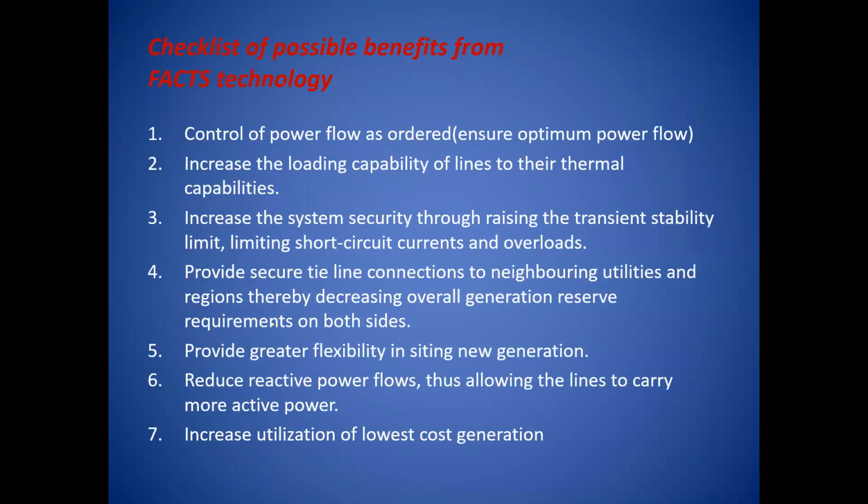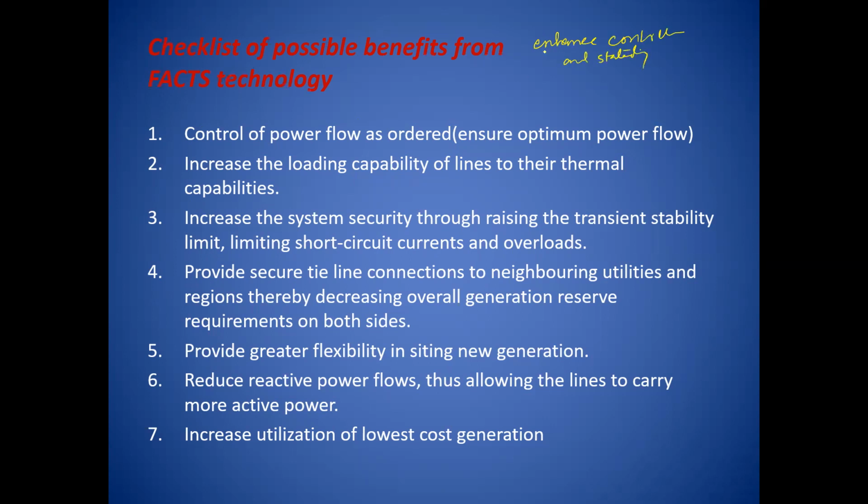Okay. Now, this is the checklist of the possible benefits from the FACTS controller or FACTS technology. In the last few lectures, we have already discussed the objective of FACTS controllers. In two sentences, we can say it is to enhance controllability and stability.